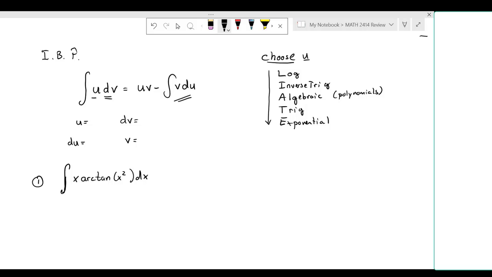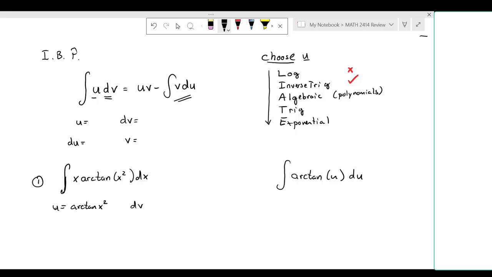Well, first of all, I should say that even if you use substitution first, you'd still use integration by parts, because you would need it for arctangent of u. Right? But what would you choose u to be? Is there a log? Nope. Is there an inverse trig? Yes. Arctangent is an inverse trig function. Right, so we choose u to be the arctangent.